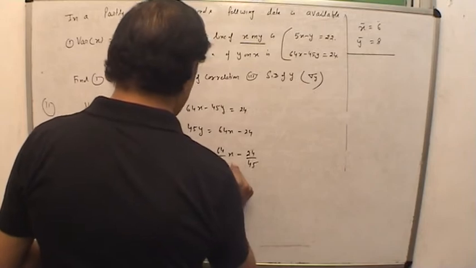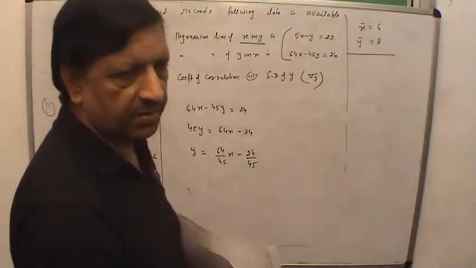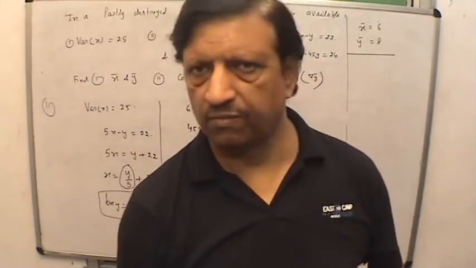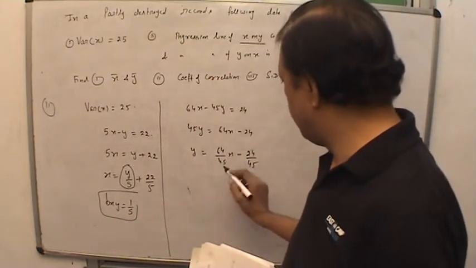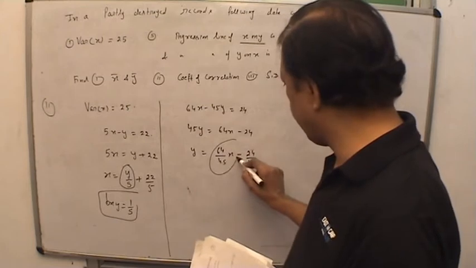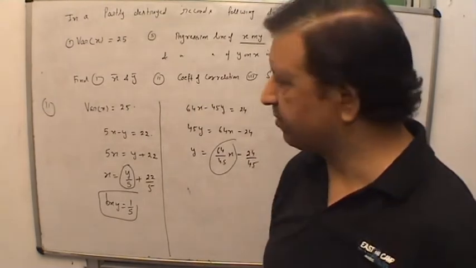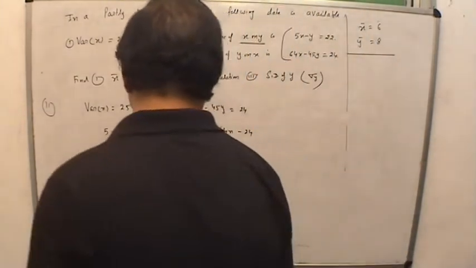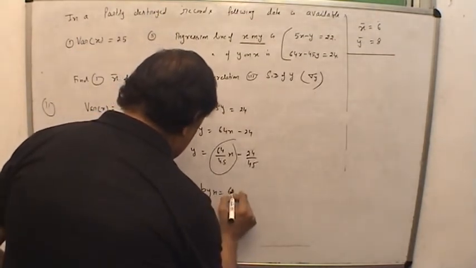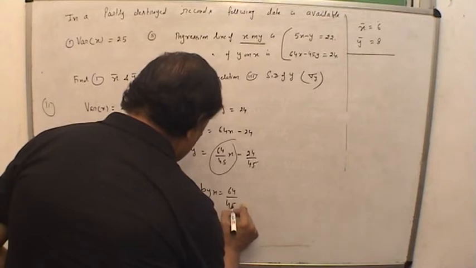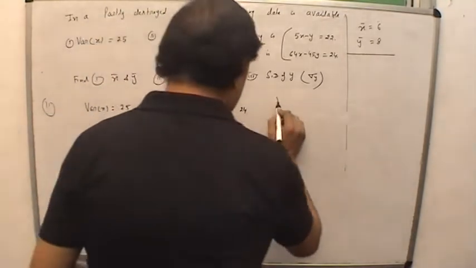Now it is also in the slope-intercept form, y is equal to mx plus c, with the slope m. Here the coefficient of x gives us the regression coefficient, that is byx is equal to 64 upon 45.